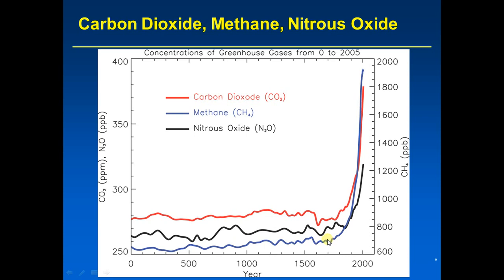Not much change, right? And nitrous oxide concentrations went from around 260 to 265 parts per billion to 270 parts per billion. Not a whole lot of change. But that's until we got to about 1800.